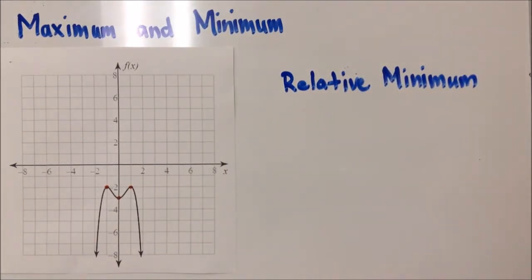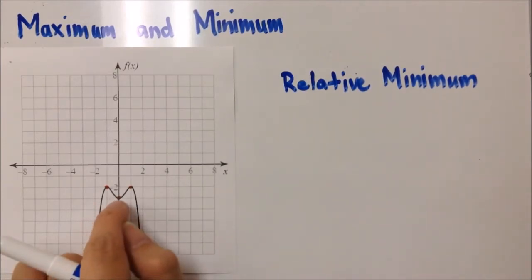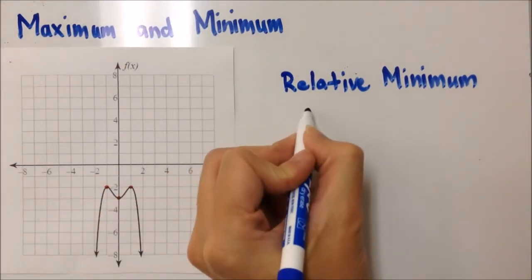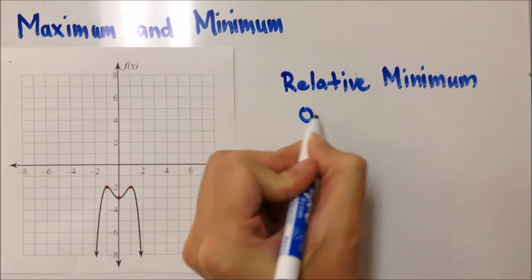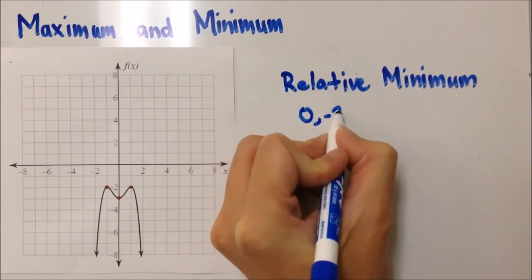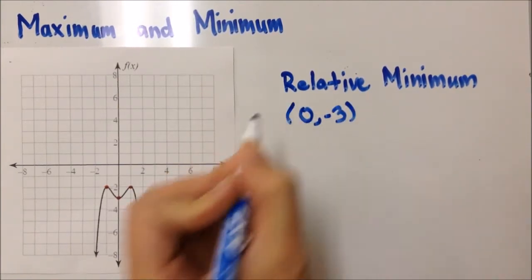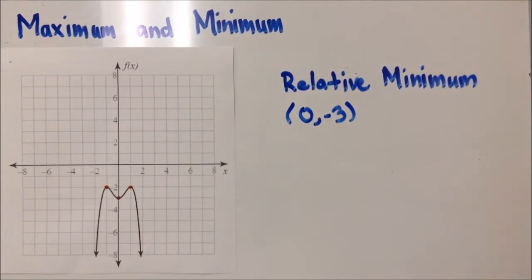And what you have to write is just the coordinate point of it. So right here, the relative minimum, the coordinate point is 0, -3. So your x and your y. My x is 0 and my y is -3. That's all you have to do for relative minimum.